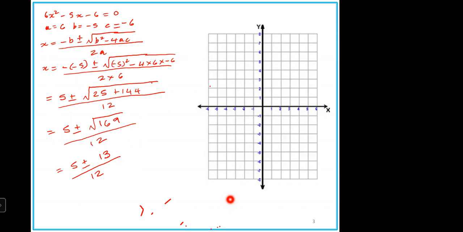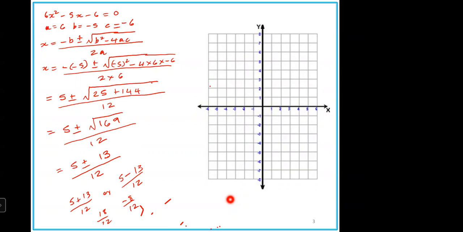So that means your answer is either going to be 5 plus 13 over 12 or 5 minus 13 over 12. So 5 plus 13 is 18 over 12. And 5 minus 13, what is 5 minus 13? That's -8 over 12.